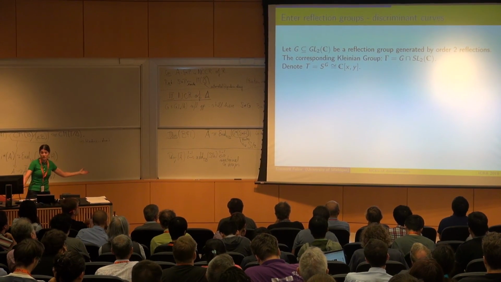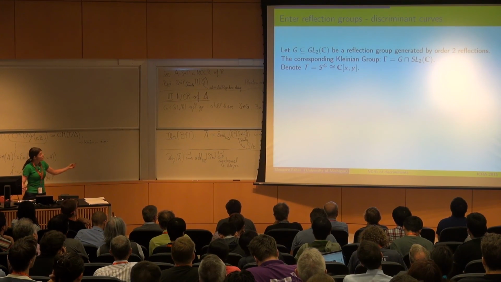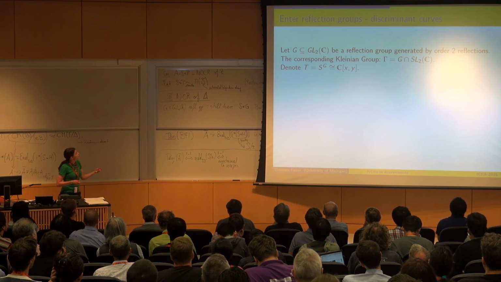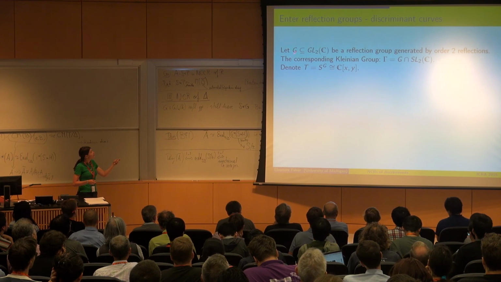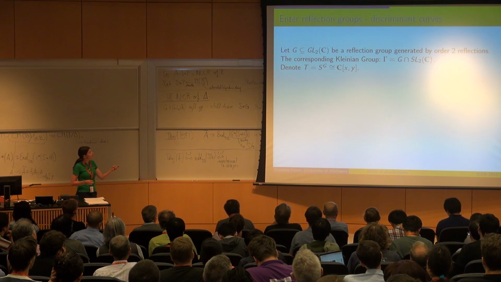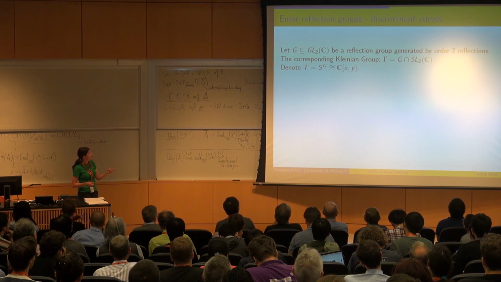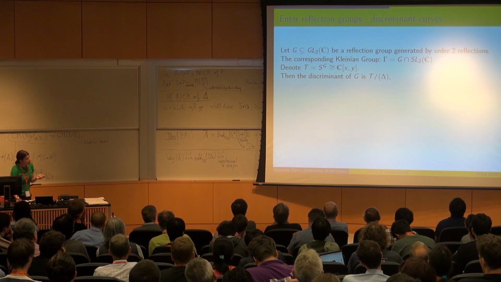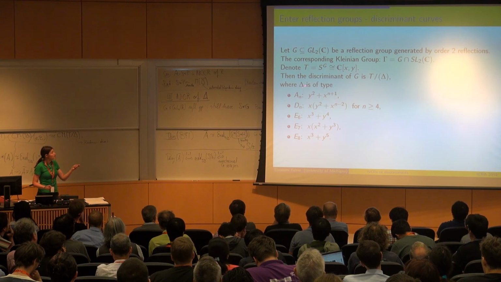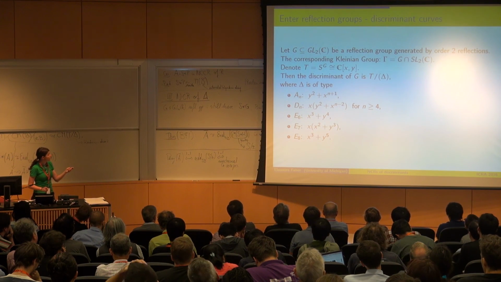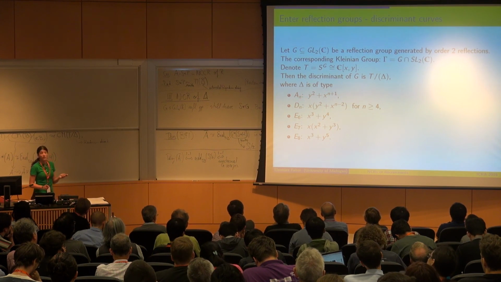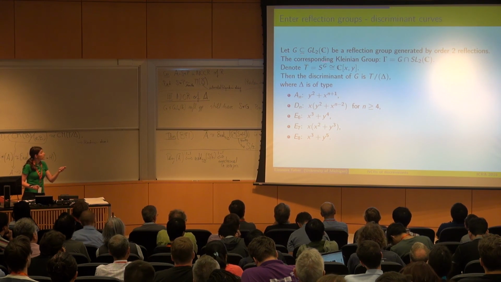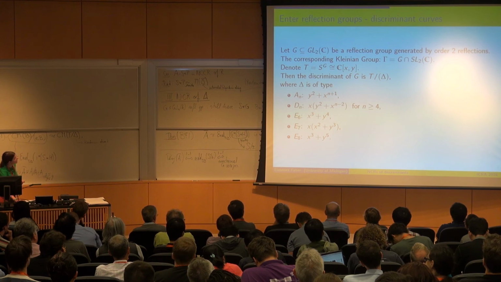Then if we take the reflection groups, we have the reflection group, and the Kleinian group is just G intersected with SL2C. The corresponding discriminants are obtained by taking the equations from before, and the Z squared gets killed. So these are the discriminant curves of these reflection groups in GL2C.